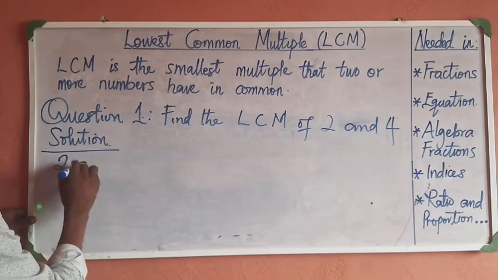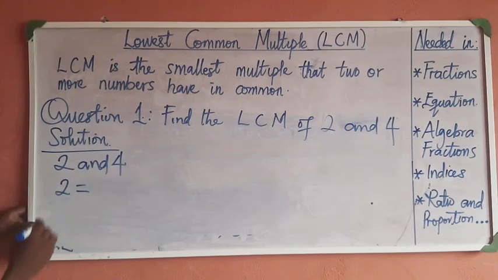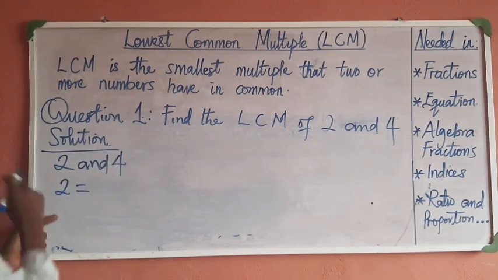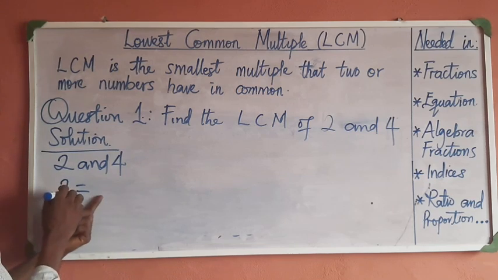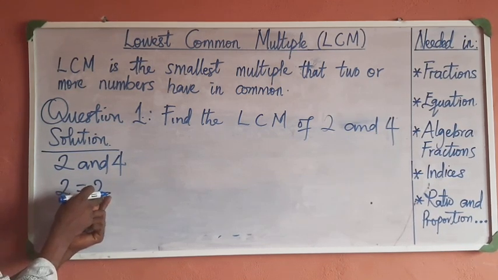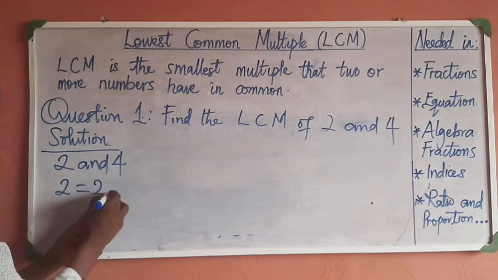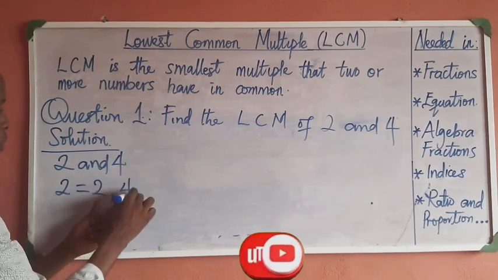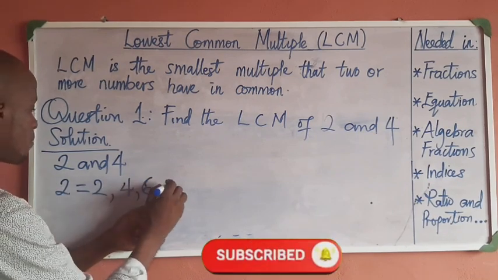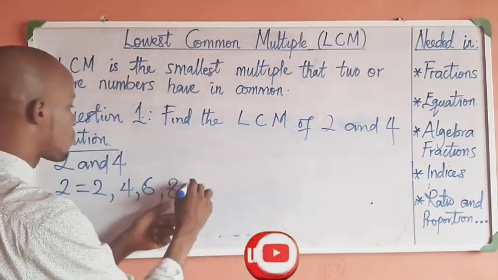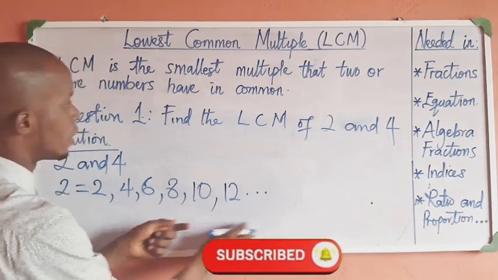I'm going to list the multiples of 2 the same way we did in the previous question. 2 is the first multiple, and then I continue to add 2 to the result. 2 plus 2 gives me 4. 2 plus 4 gives me 6. 2 plus 6 gives me 8. 2 plus 8 gives me 10. 2 plus 10 gives me 12, and so on.